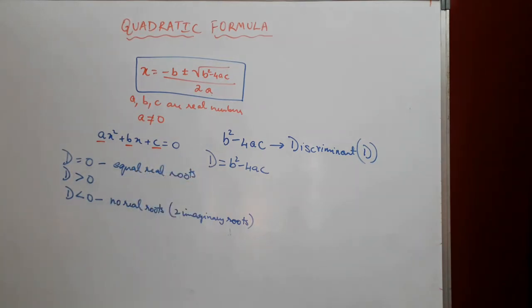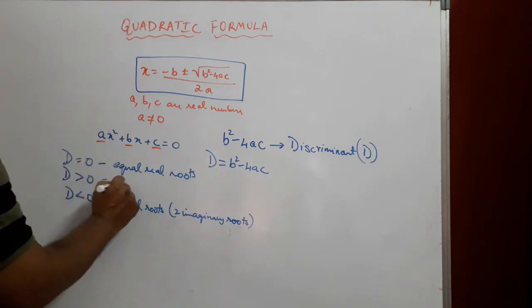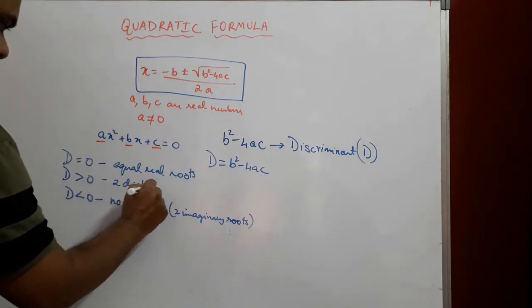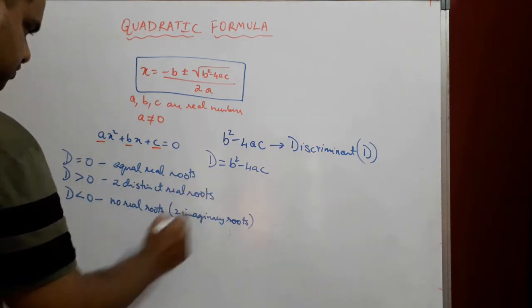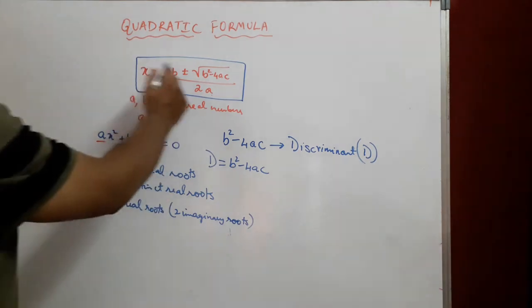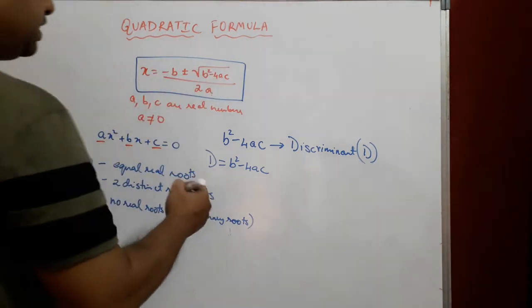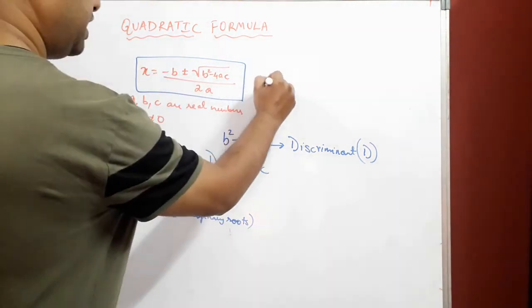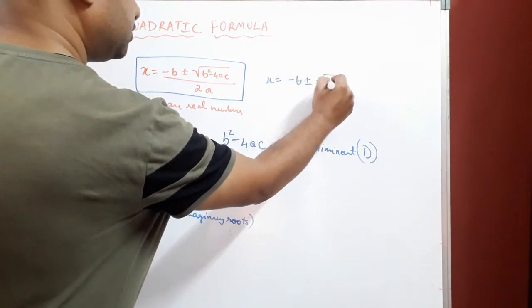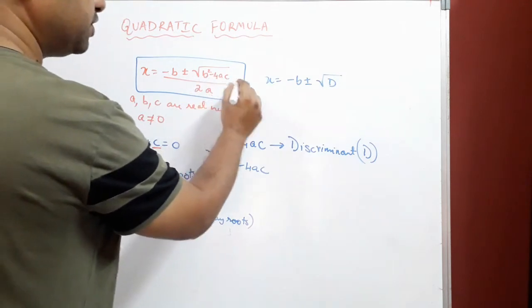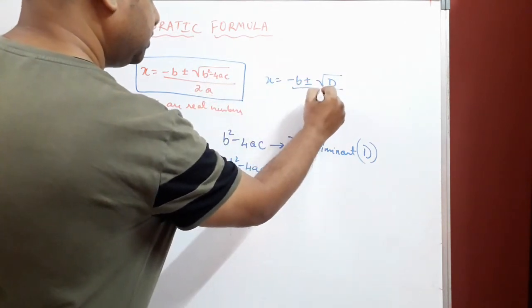And if D is greater than 0, then the quadratic equation will have two distinct real roots. This formula can then be written as x equal to minus b plus or minus square root of D, because D is nothing but b square minus 4ac, the whole thing upon 2a.